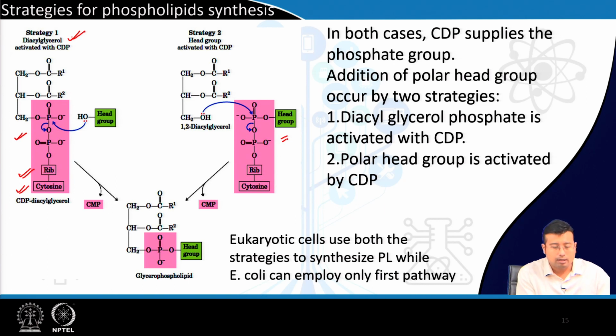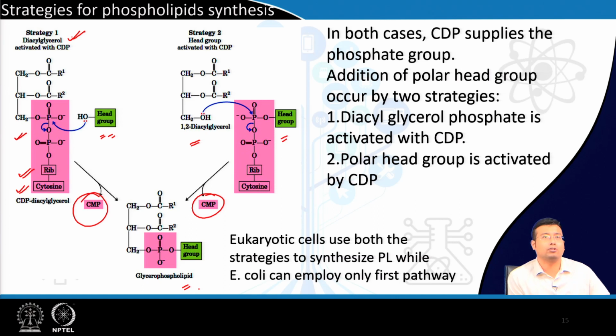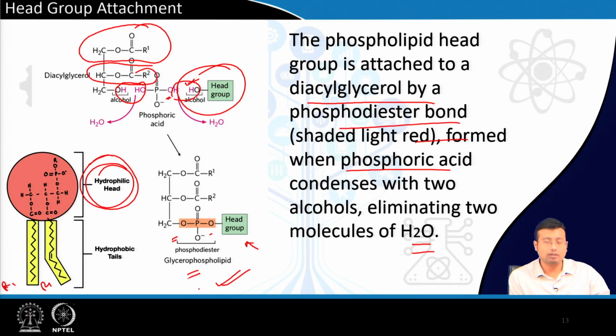So, over here the CDP diacylglycerol is getting attached to another alcohol, and over here a CDP alcohol is getting attached to 1,2-diacylglycerol. Anyway, in either mechanism, one molecule of CMP will be lost, and ultimately we are getting the formation of the basic glycerophospholipid structure.